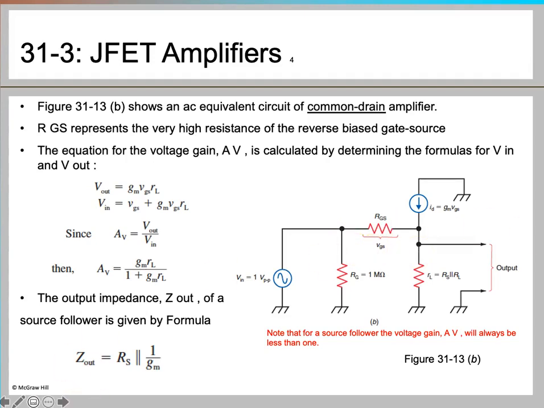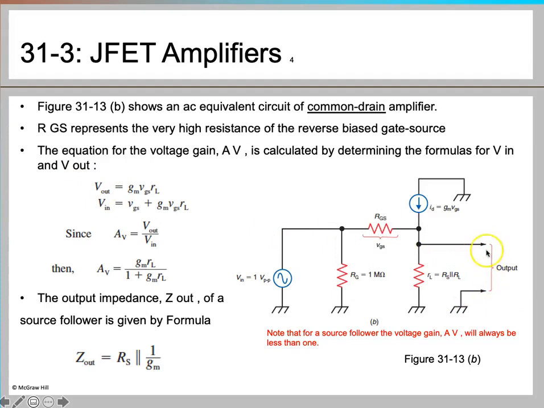Now in this one, we have shown RGS, which represents the very high resistance of the reverse-biased gate-source. And the equation for output voltage for this AC circuit will be V out.